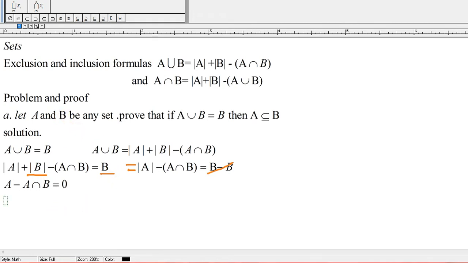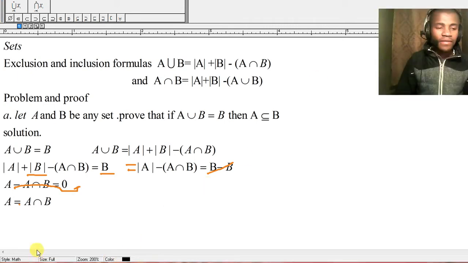And then we can just rewrite this as A is equal to, taking this minus A intersection B to the other side, so now the answer will be A intersection B. Then what this means is A is equal to A intersection B, or is kind of saying A is the same thing as A intersection B.